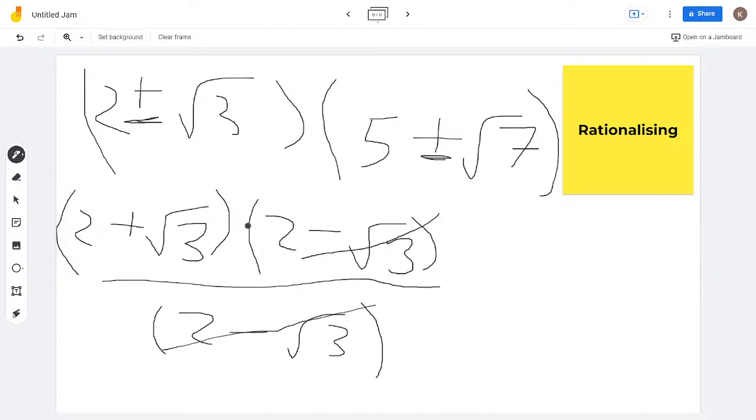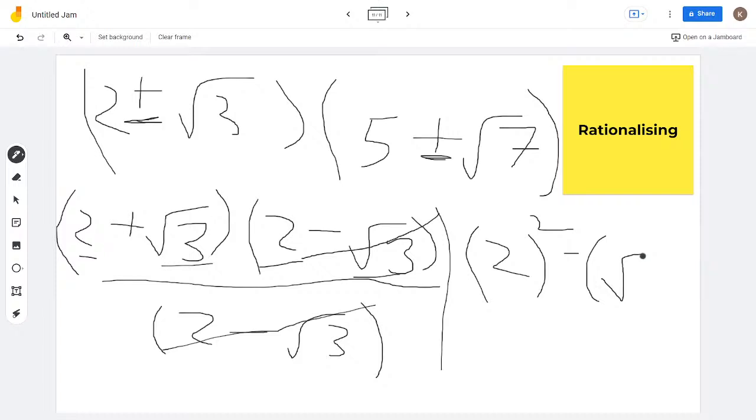And you know an identity that a plus b into a minus b is a square minus b square. So here it would be 2 square minus root 3 square, divided by 2 minus root 3.